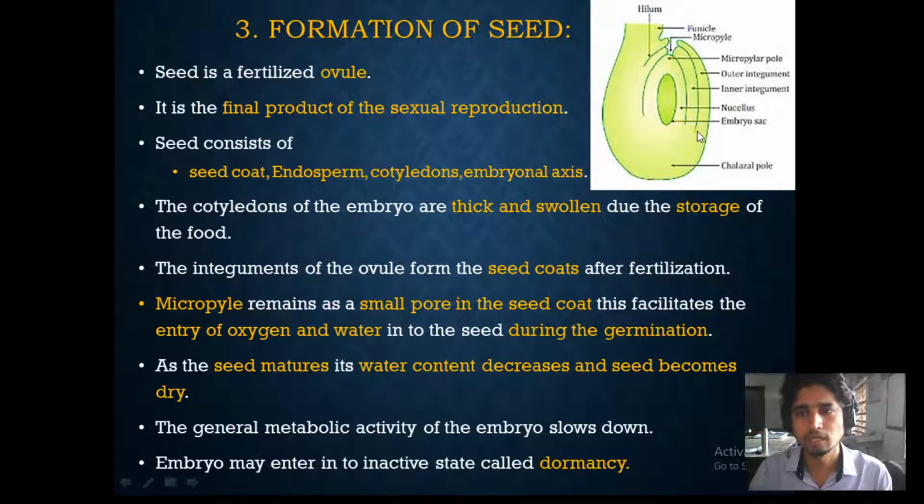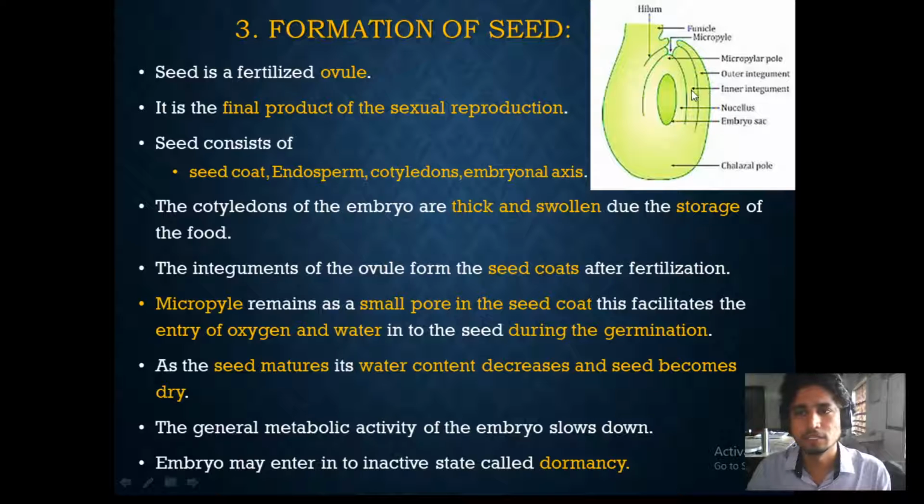Integuments are outer coverings, and they envelop the ovule except in an area where they form an opening. This opening is called the micropyle. Micropyle is the opening where the integuments are absent, and it allows the pollen tube to enter inside the embryo sac.